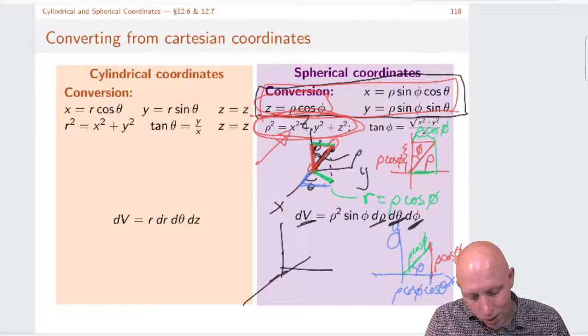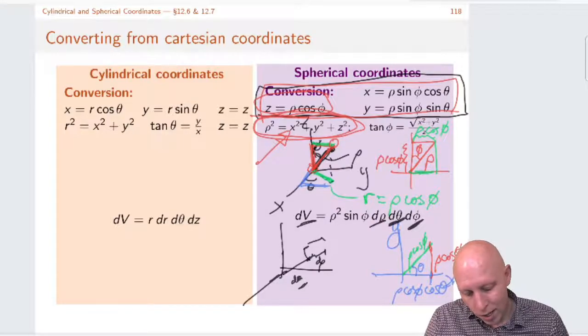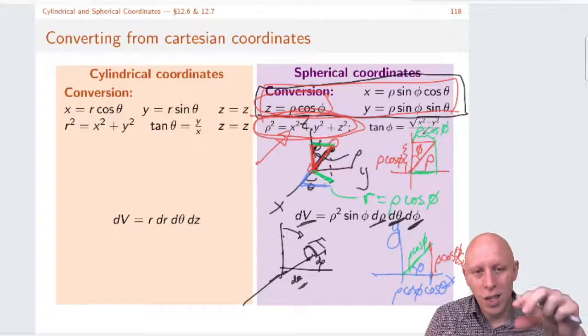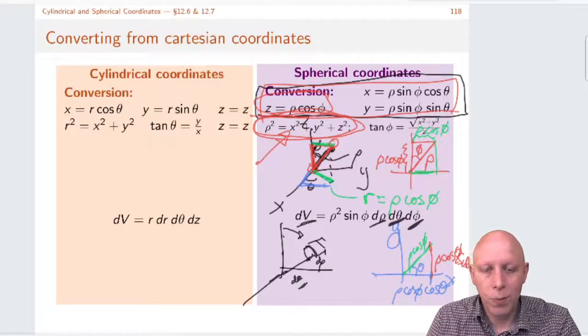There's some amount of d rho that's coming outward. There's some amount of theta that you have down here, and that's going to give a little slice here. And then you have some amount of phi, and that's going to be a slice this way. So what you get is this little bit of the sphere.